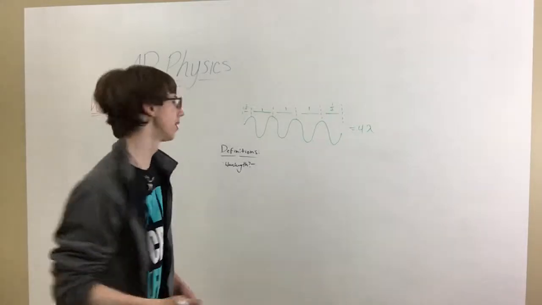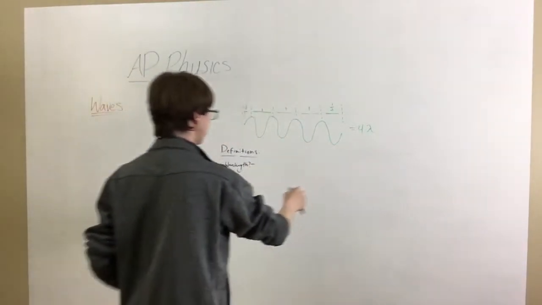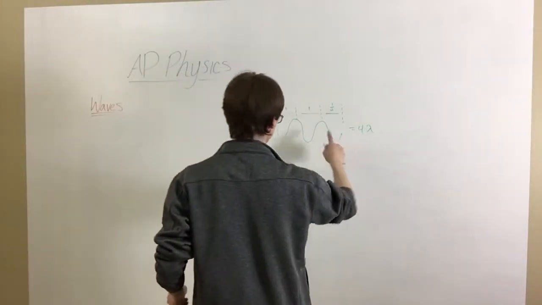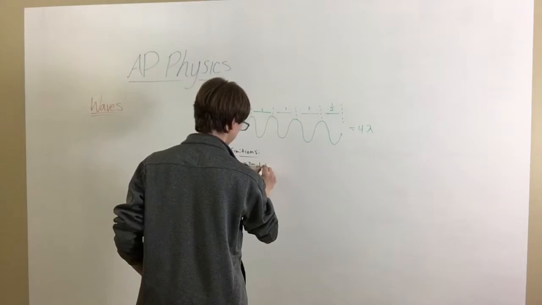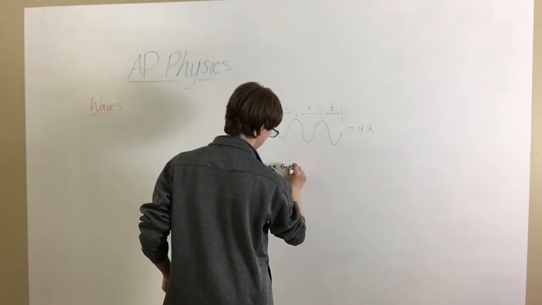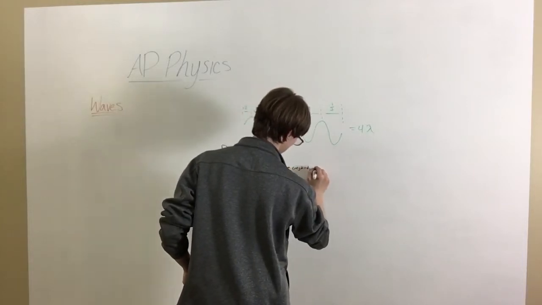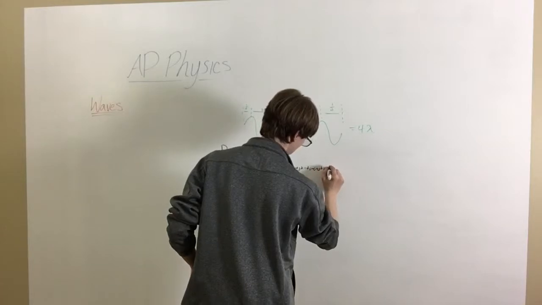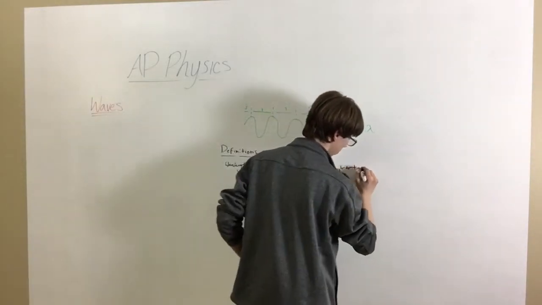Well, a wavelength is just a measure of the distance from crest to crest, or trough to trough.